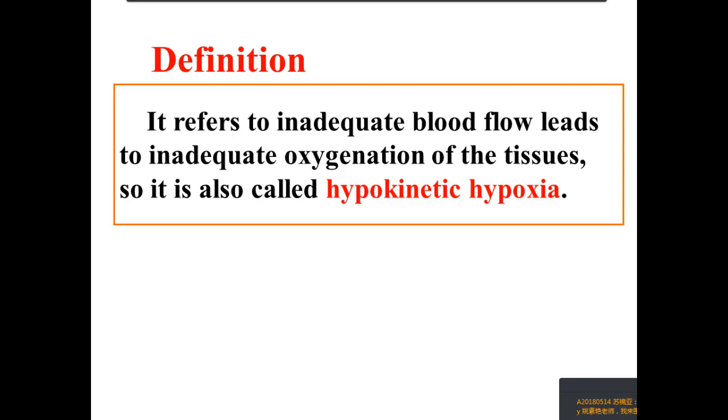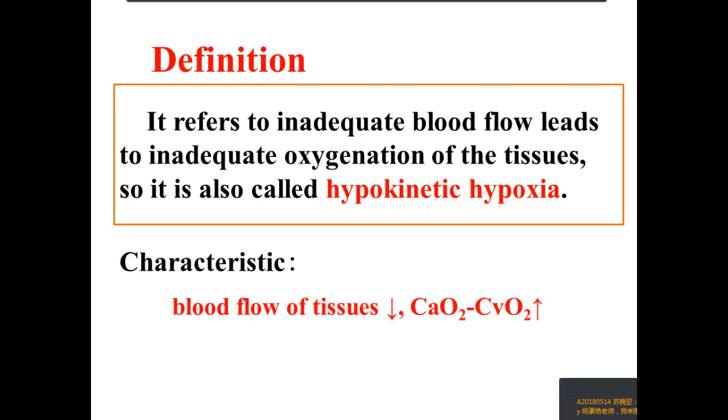During circulatory hypoxia, tissue blood flow decreases, and the arteriovenous difference of oxygen content increases. During hypotonic hypoxia and hemic hypoxia, the parameter decreases. During circulatory hypoxia, the arteriovenous difference of oxygen content increases.